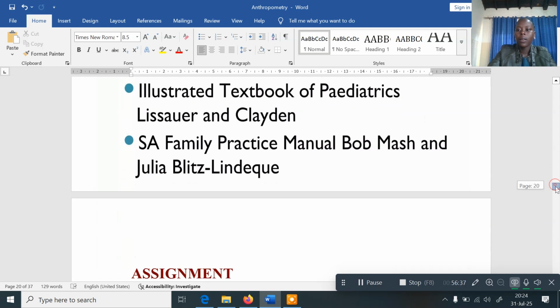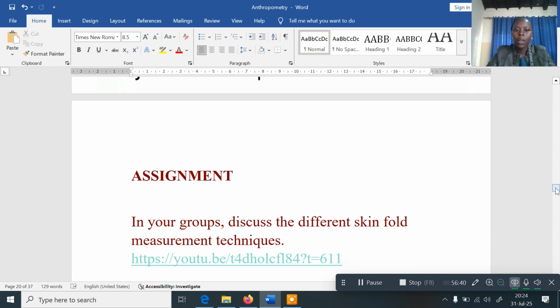Okay, so lastly, we have an assignment here. As you've seen, we have been looking at anthropometry, which is measuring human measurements. That includes the weight, the height, the waist circumference, hip circumference. We also talked of skin fold, but we've not looked at it in detail.